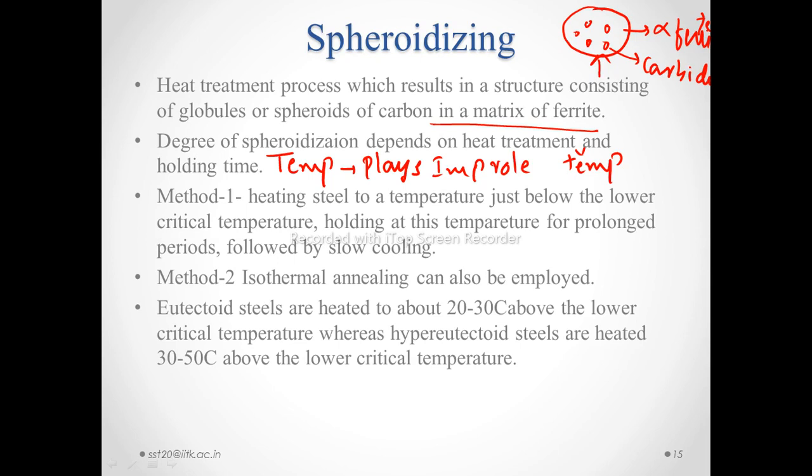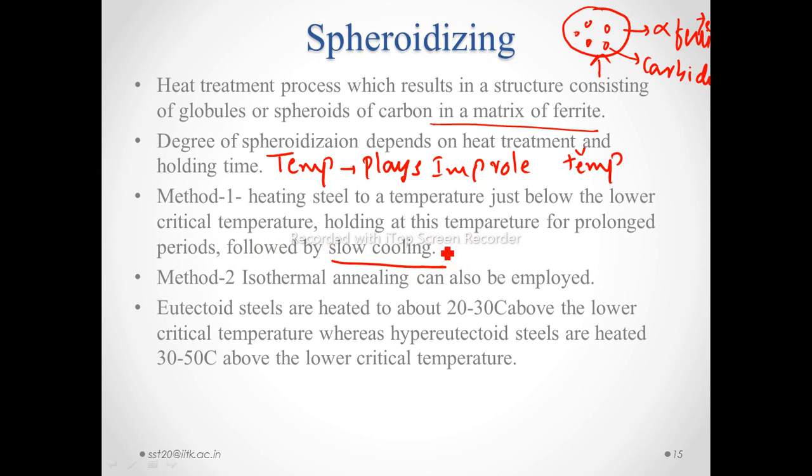And this spheroidization heat treatment can be done by different methods. I have mentioned two different methods in these slides. First, heat the steel to a temperature just below the lower critical temperature and hold it at this temperature for a prolonged duration of time, and then cool slowly.